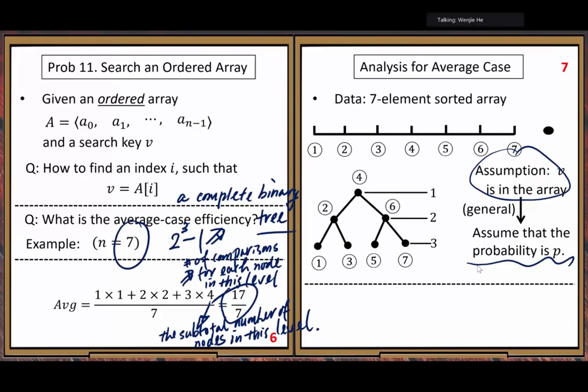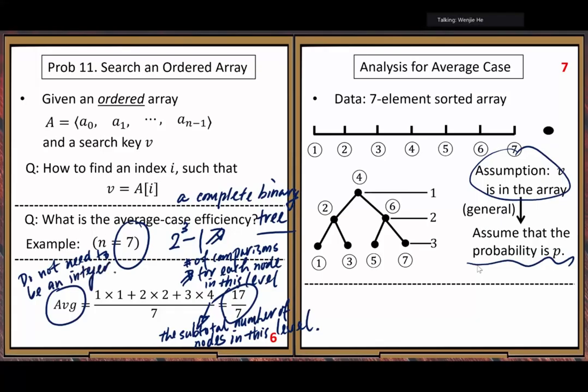We do not have to require the answer to be an integer. So the best case and worst case must be integers, so we have no question there. But the average case does not need to be an integer.